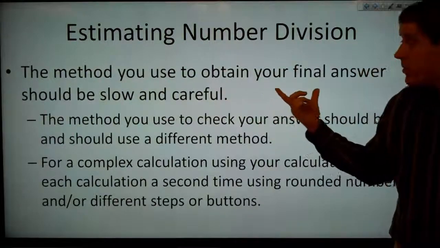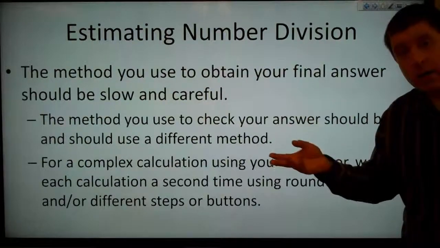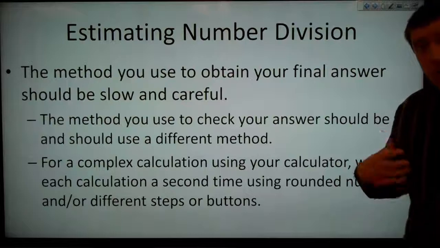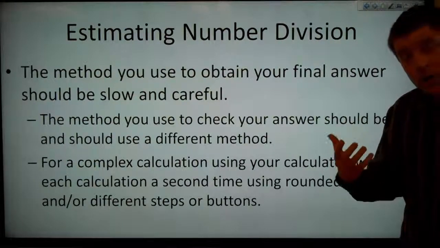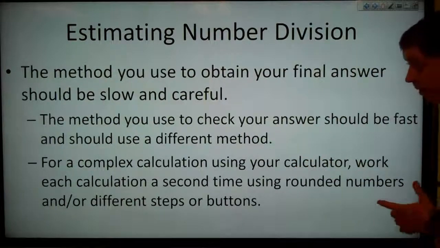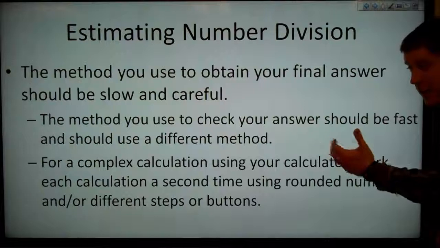The method that you use to obtain your final answer should be slow and careful. An estimate is fairly quick, but if you want to get a value for your final answer, you want it to be slow and careful. You want to make sure that you're exactly right. So the method that you use to check your answer can be fast. This is our estimation. And it needs to use a different method.